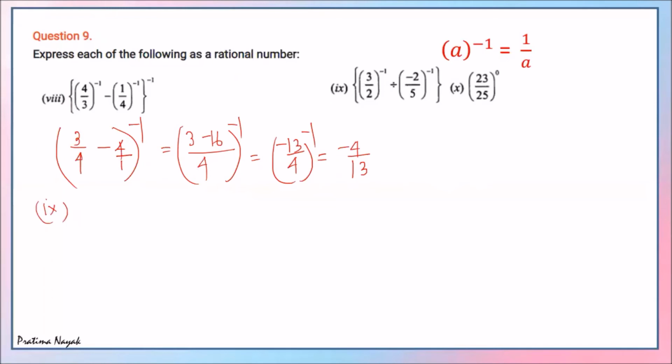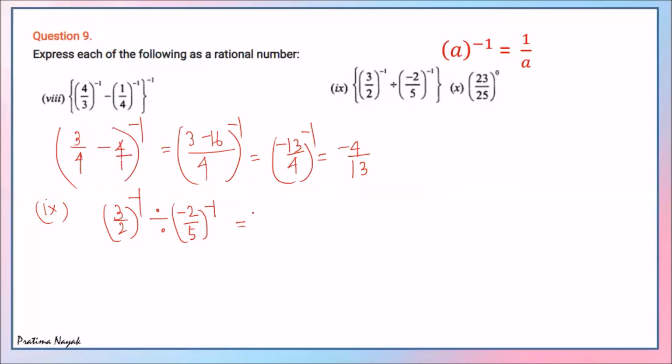Ninth part will be how much? I hope you can do it now yourself. You can check the result only. So (3/2)^-1 divided by (-2/5)^-1. Then it will be how much?